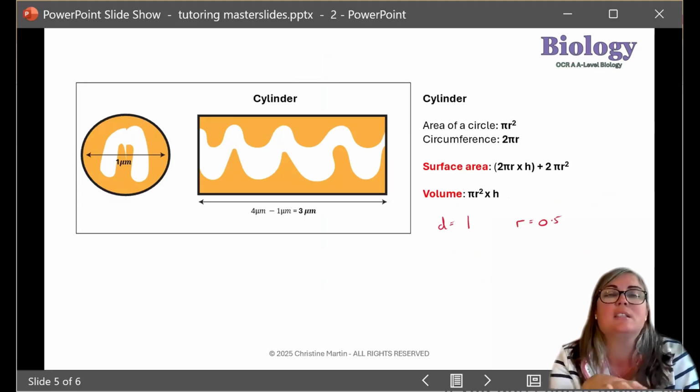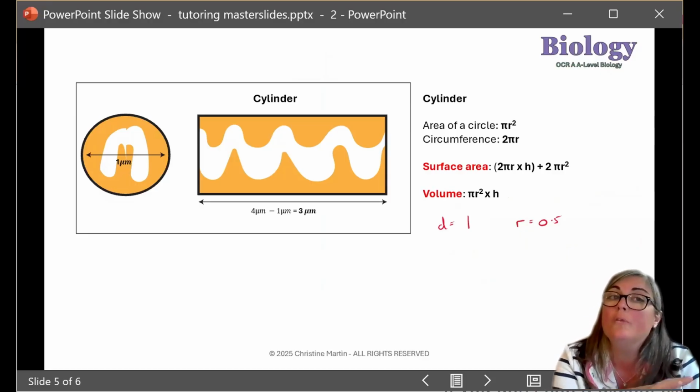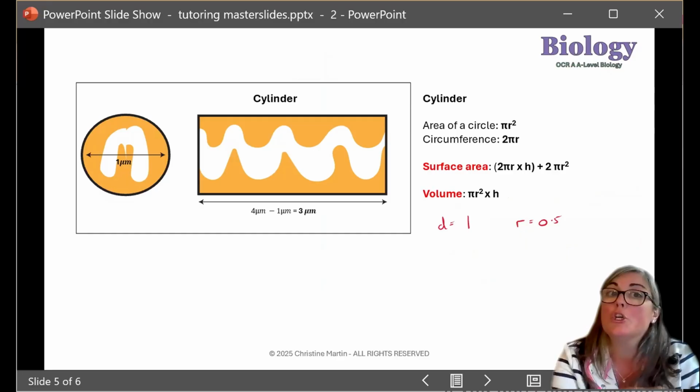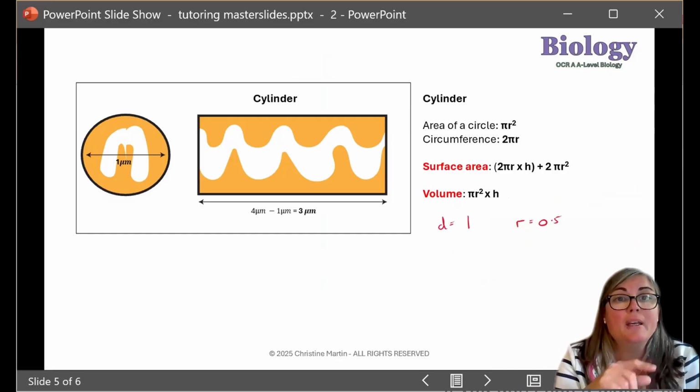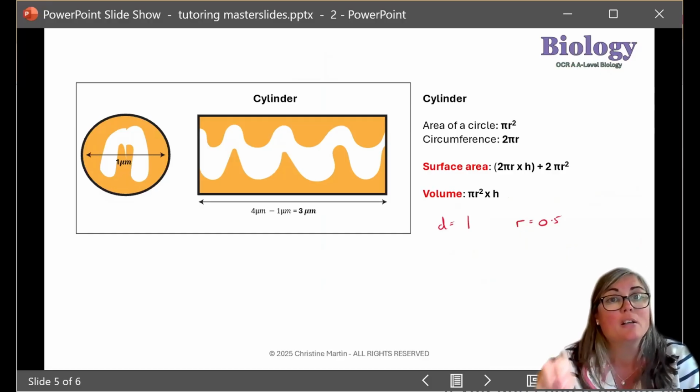And now we need to understand how to work out the surface area and volume of our cylinder. So we need the area of a circle, pi r squared. We need the circumference, 2 pi r, and therefore the surface area is 2 pi r times the height plus 2 pi r squared.